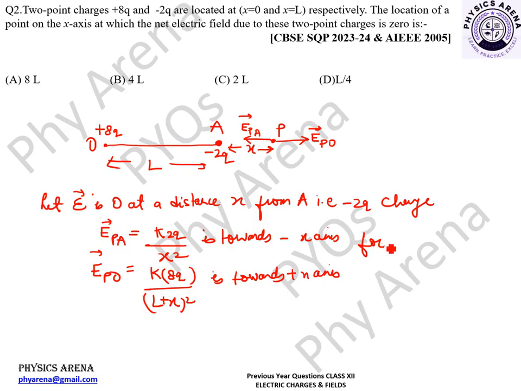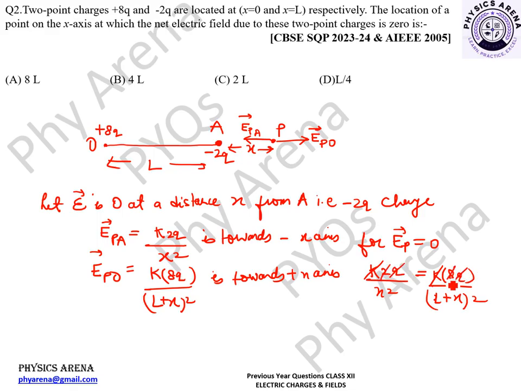So for the net electric field at point P to be 0, we have K into 2q upon x square equal to K times 8q upon L plus x whole square. K gets cancelled out with K, q gets cancelled out with q.